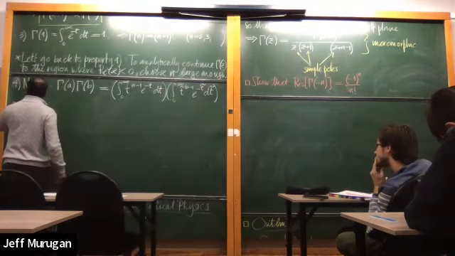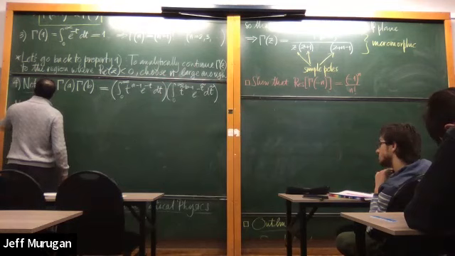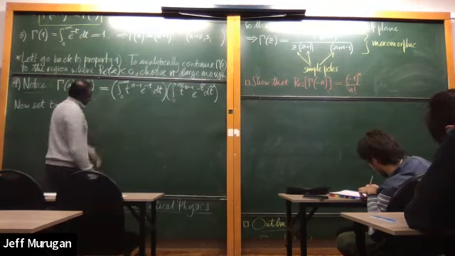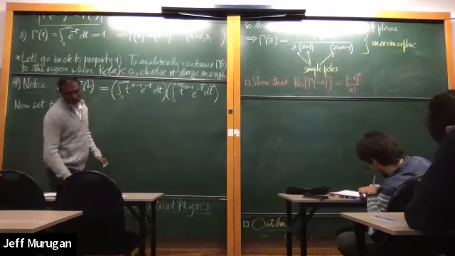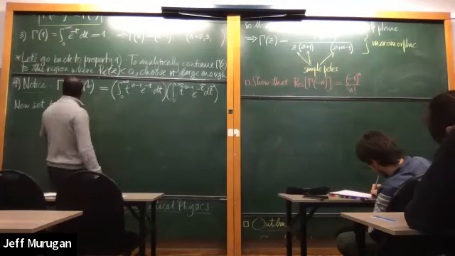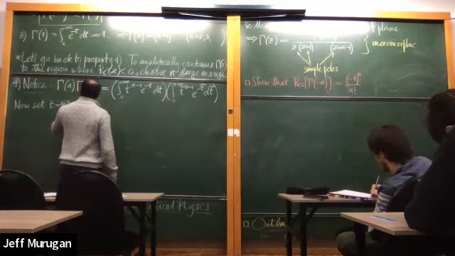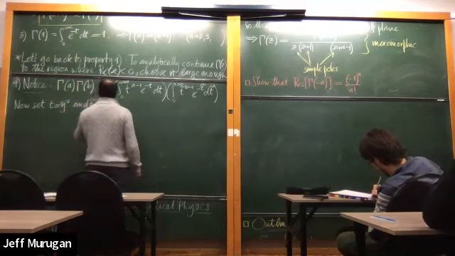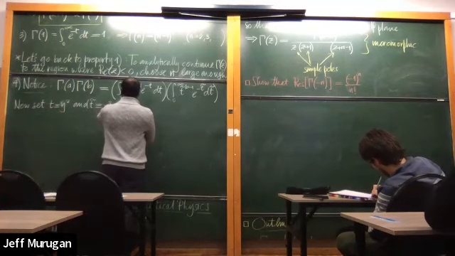t tilde. So now let's set t equal to y squared and t tilde equal to x squared.